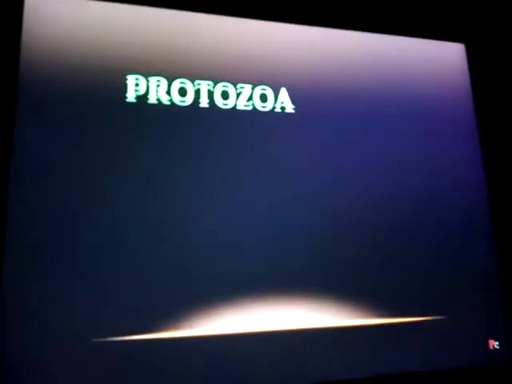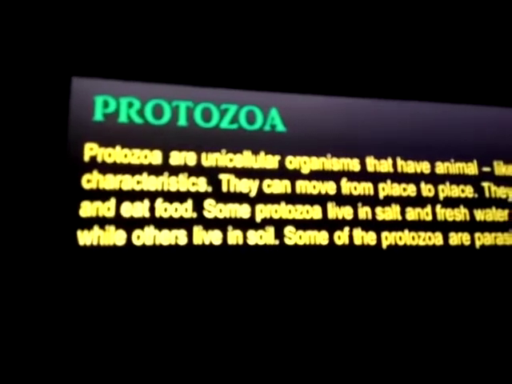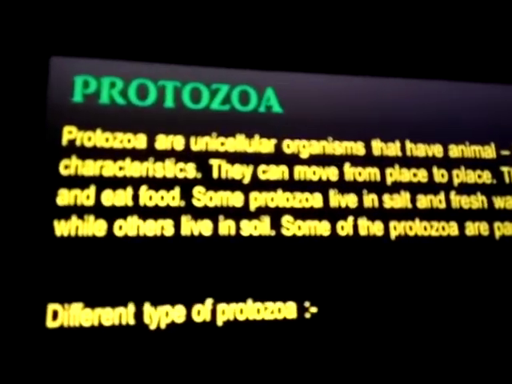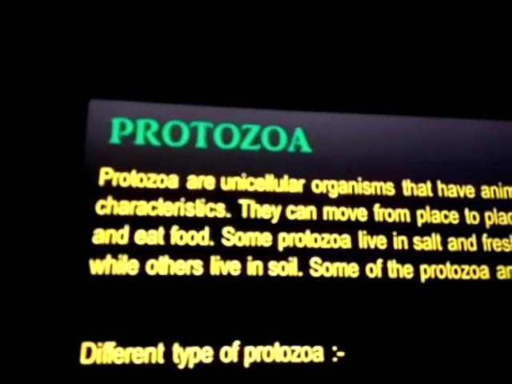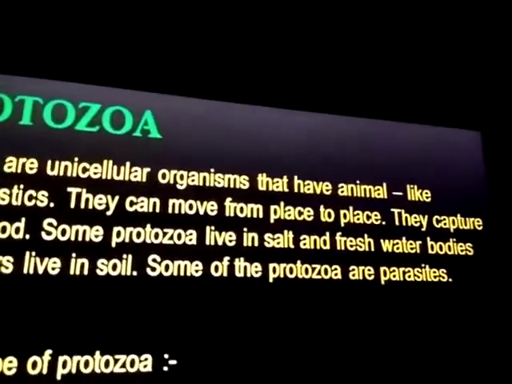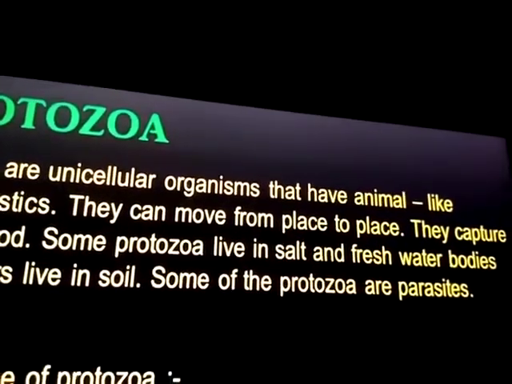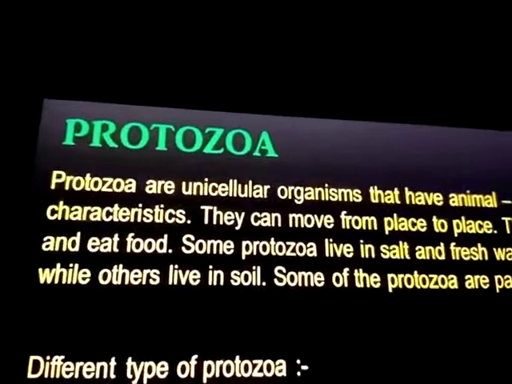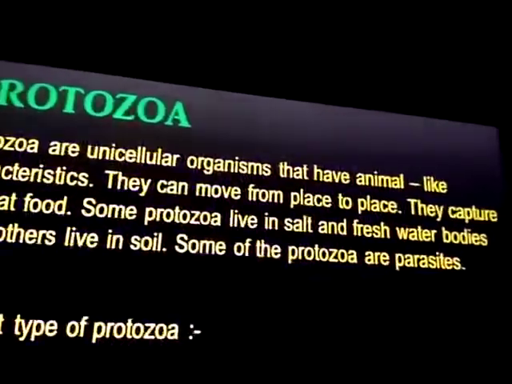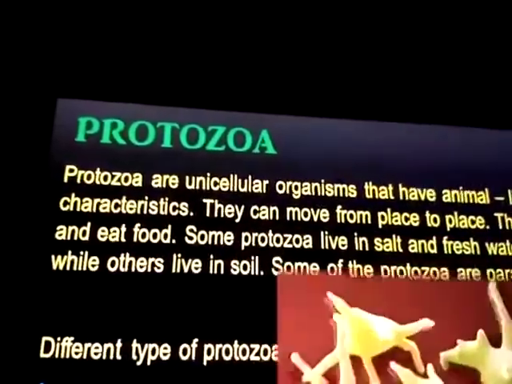Now here comes the protozoa. Protozoa are unicellular organisms that have animal-like characteristics. They can move from one place to another. They capture and eat food. Some protozoa live in salt and freshwater bodies, while others live in the soil.